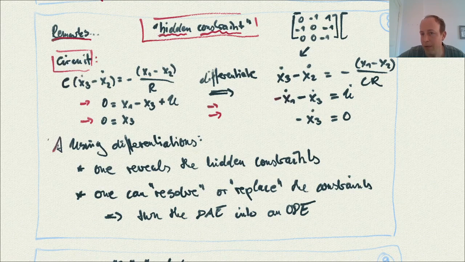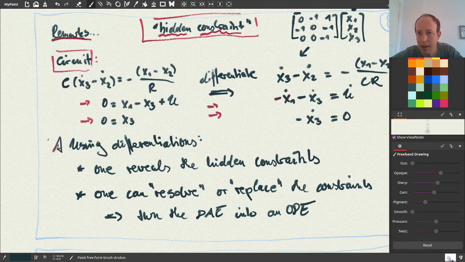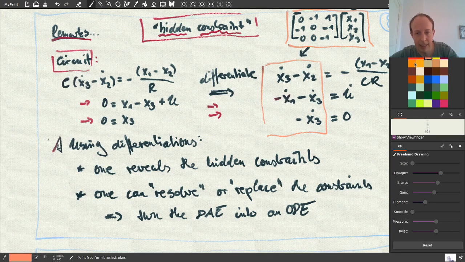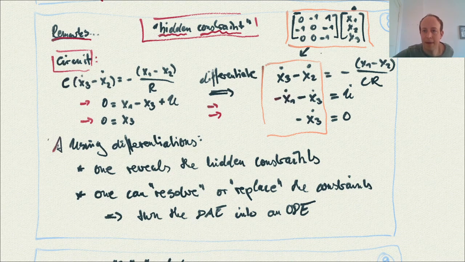So this system could be written in matrix form, with the matrix times x1, x2, x3 dot, and then it's easy to see that this is an invertible matrix.